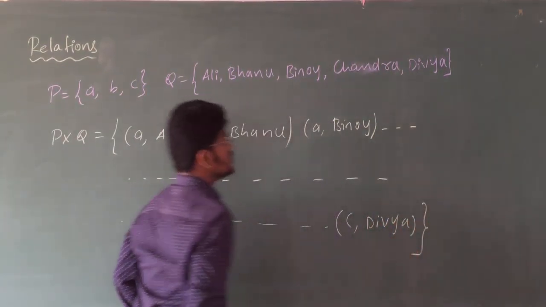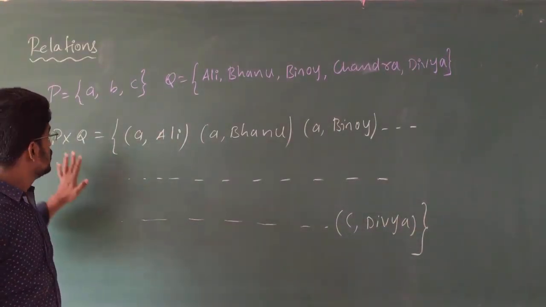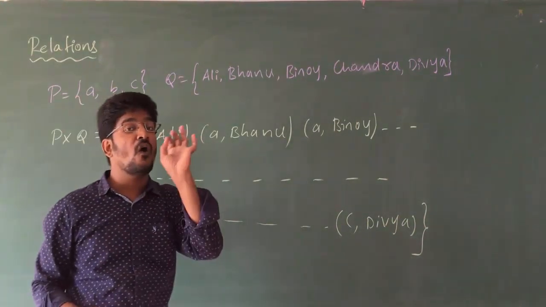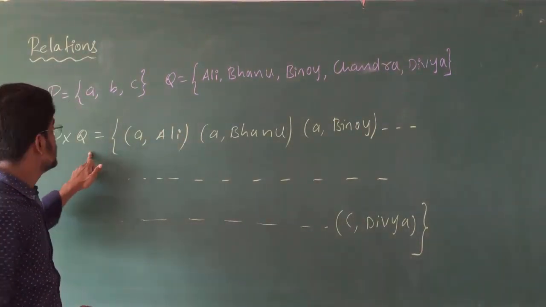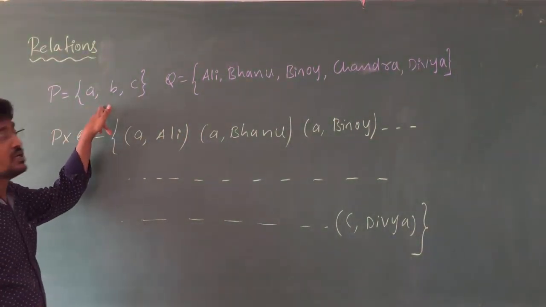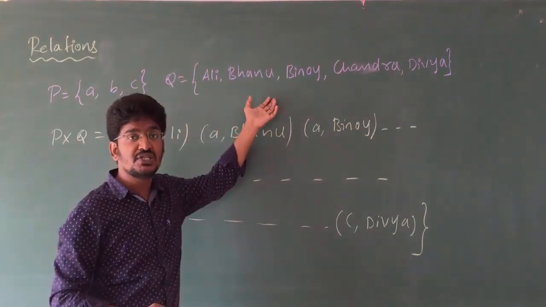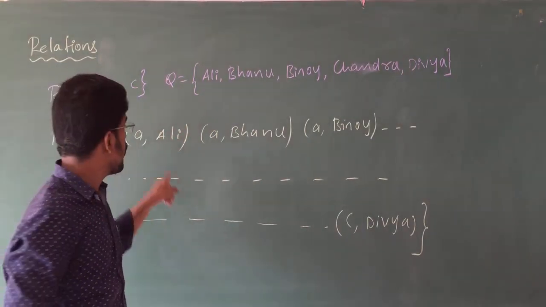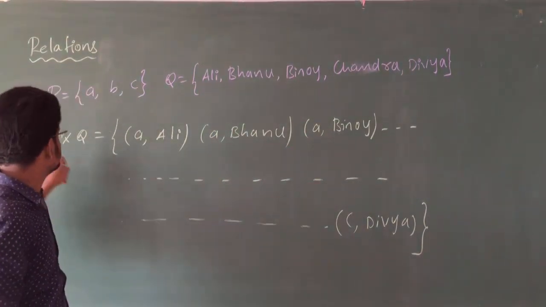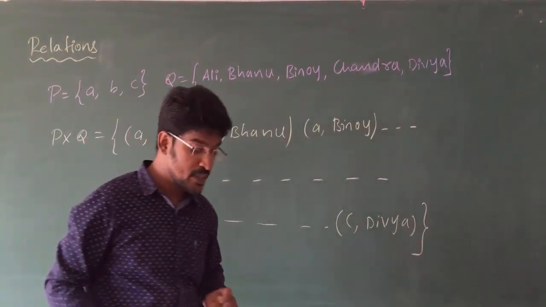Clear? So here what happens? Total 15 ordered pairs you are going to have in P cross Q, because P has 3 elements, Q has 5 elements. So 3 into 5, 15. So 15 ordered pairs are going to exist in this P cross Q. Clear?